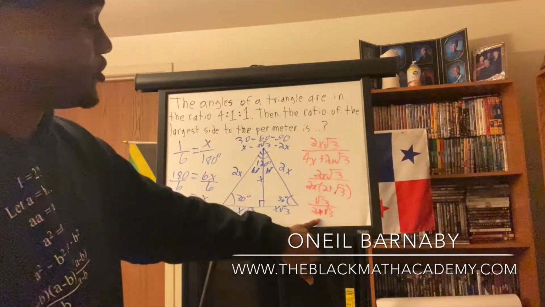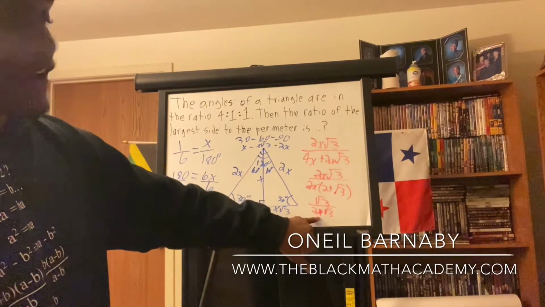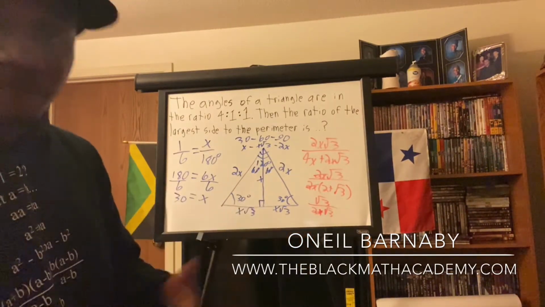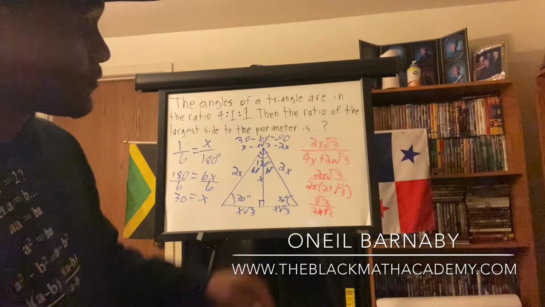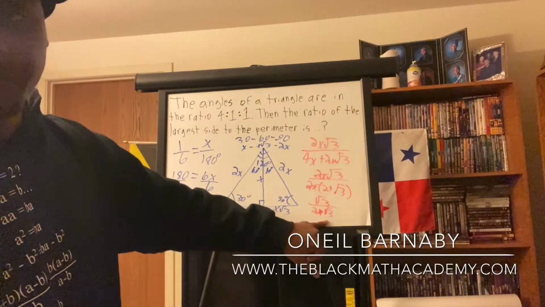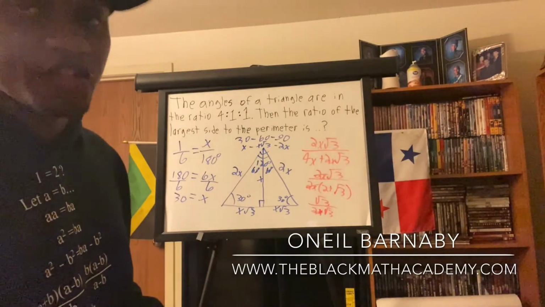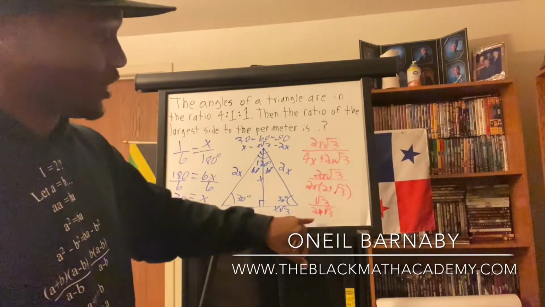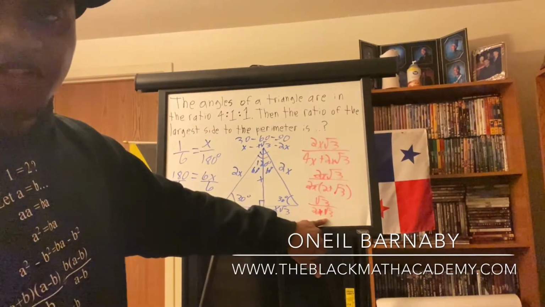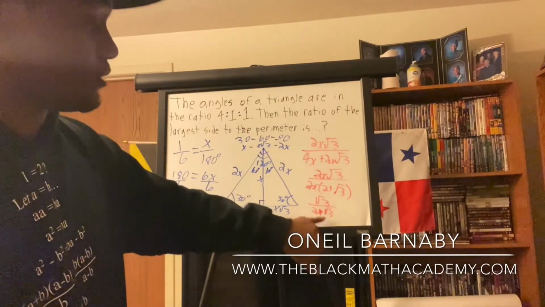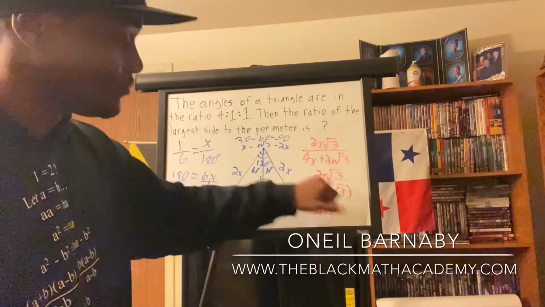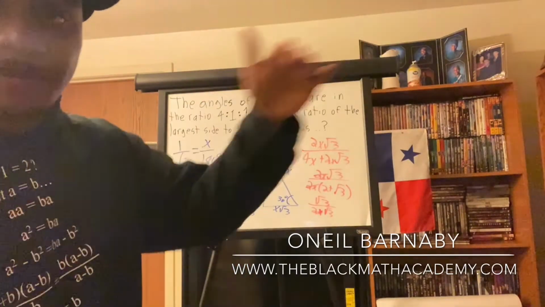The conjugate is just taking the sign that you see here and flipping it to its opposite. So since we have 2 plus root 3 in our denominator, the conjugate is 2 minus root 3. So the way we're going to remove this radical in the denominator is to multiply this fraction by its conjugate, top and bottom.